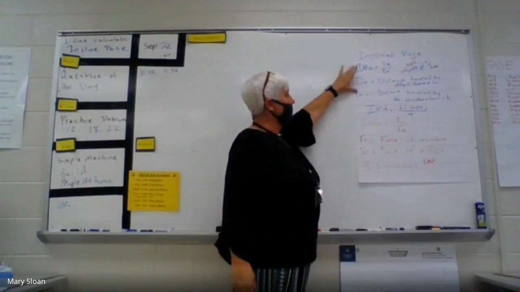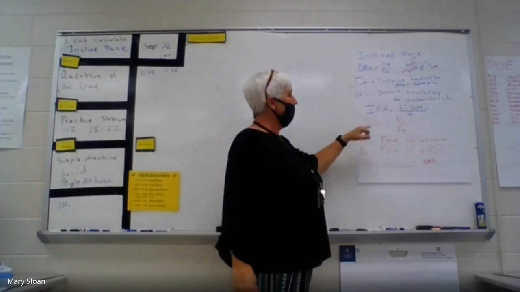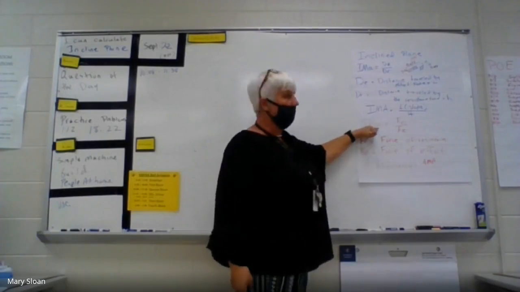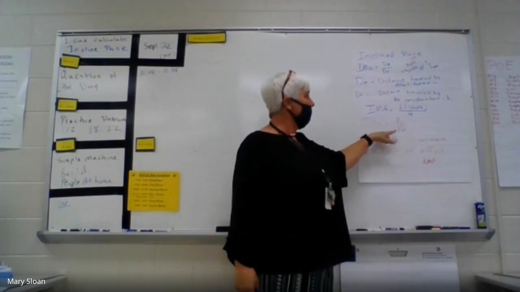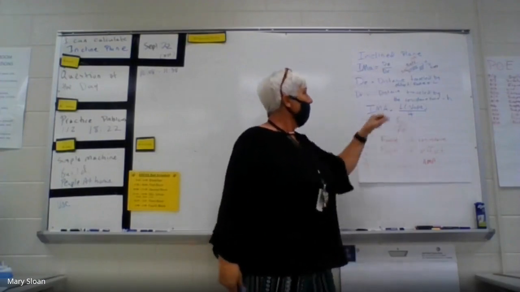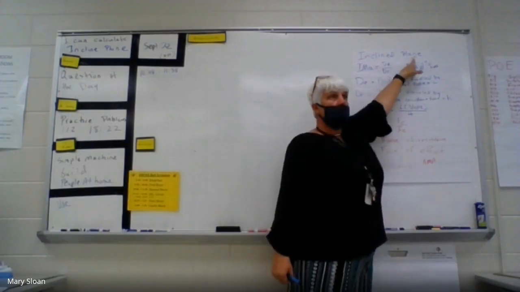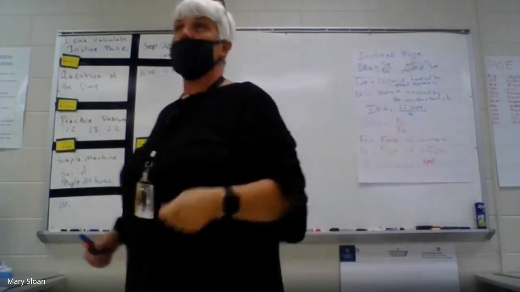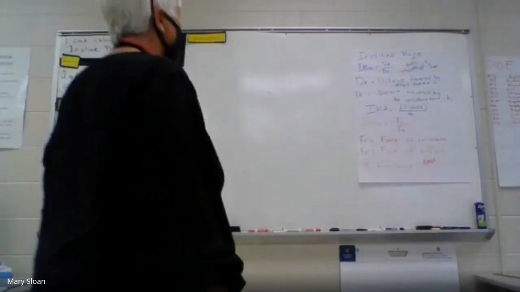IMA is the distance, right? Then we have to do AMA. But to be able to do AMA, we have to find the force of the resistance versus the force of the effort. As you see here, I have 20 pounds and 50 pounds because that's what it says on my slide, because that was the problem.